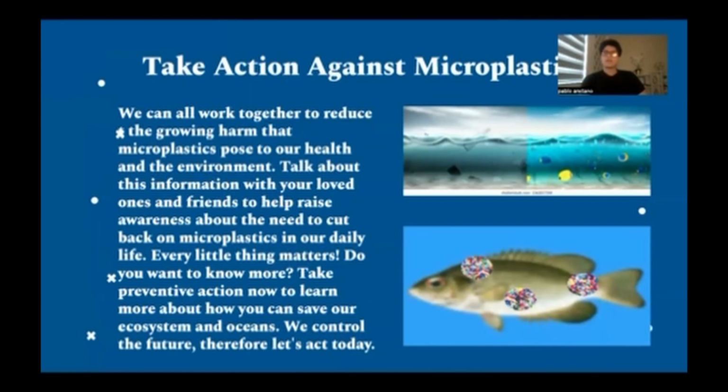So take action against microplastics. As I said, this is something that you should practice individually and collectively in your house and out of your house. This is a problem that can affect you in your surroundings, which means your households, the amount of microplastics you consume, or the amount of microplastic you can send into the environment.